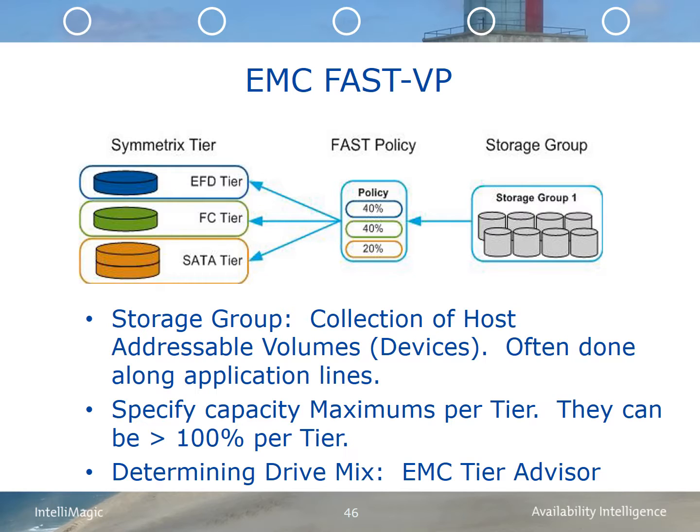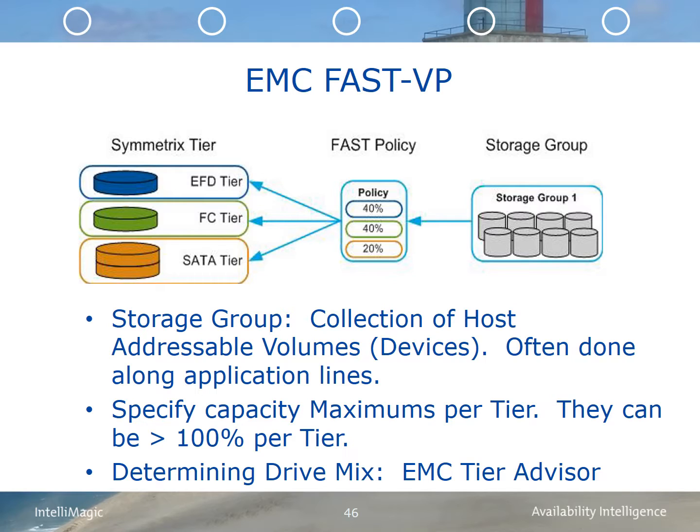And then you have policies that describe how much capacity can be allocated to different tiers. Those policies are assigned to a storage group. So you can specify capacity maximums per tier, and those can actually be as much as 100% for each of those policies.